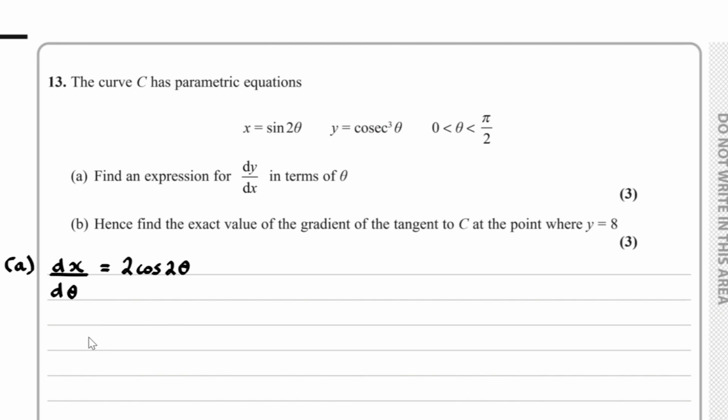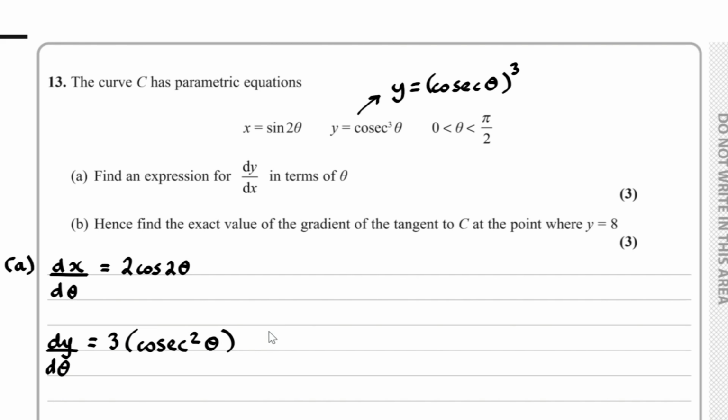And if we were to differentiate y with respect to theta, well, we can rewrite y as cosec theta all cubed. So if we use the chain rule, we would end up with 3 lots of cosec theta squared.